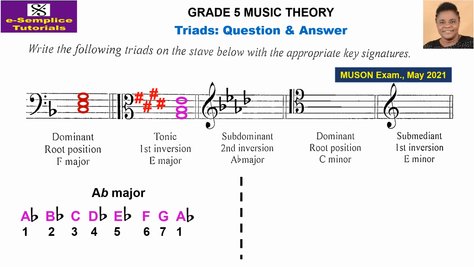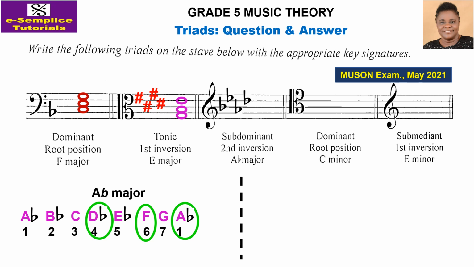We are required to write the subdominant triad. Subdominant means the fourth degree will be at the root of the triad, a third above it, a fifth above it. Now, this is the root as it is. That's D flat, F, and A flat.